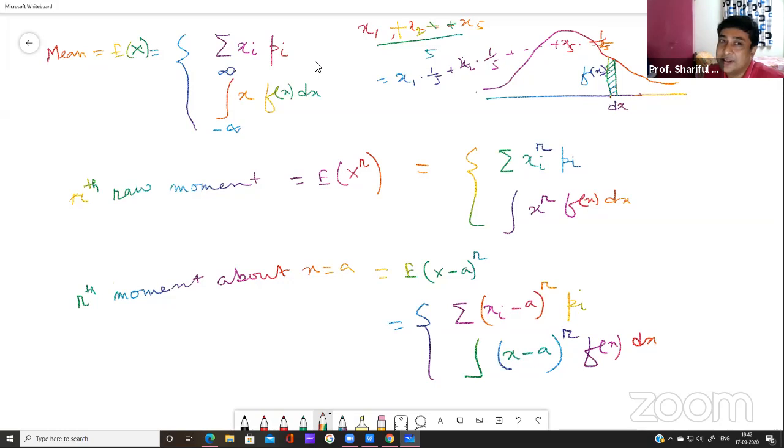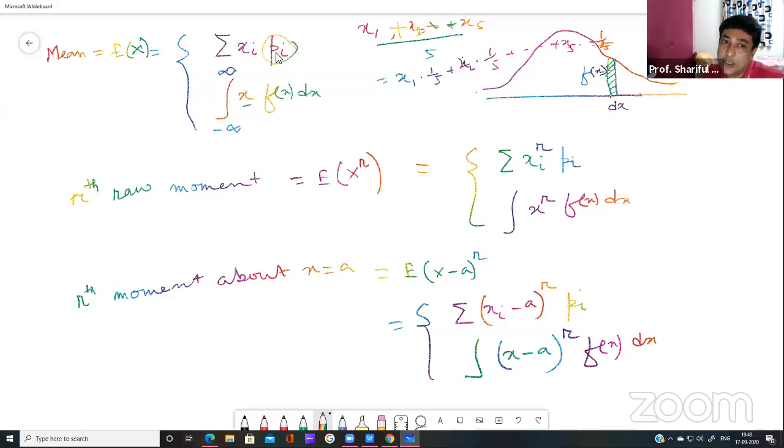In childhood we assumed only equal probabilities. If it is not an equal distribution, the summation will be xi into pi, where pi is the corresponding probability. This probability may not be equal, for example in case of binomial.